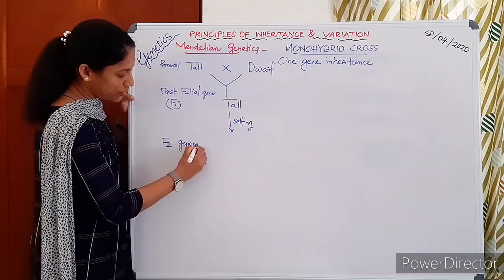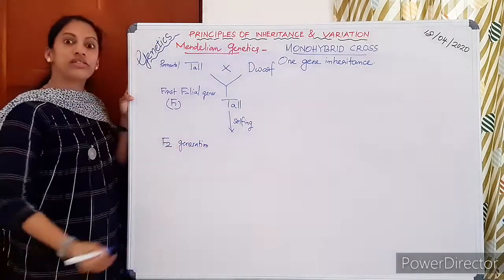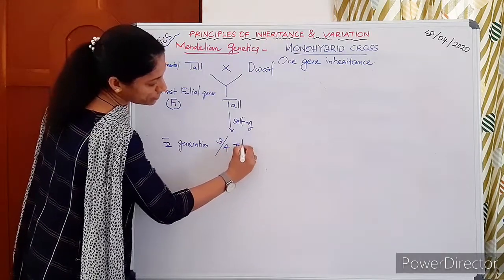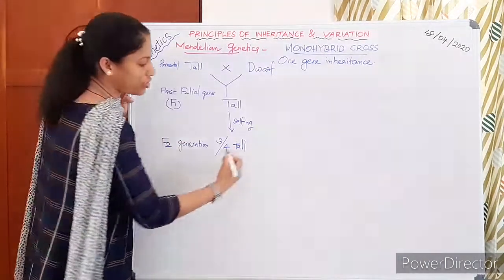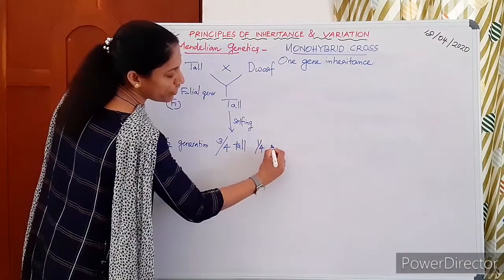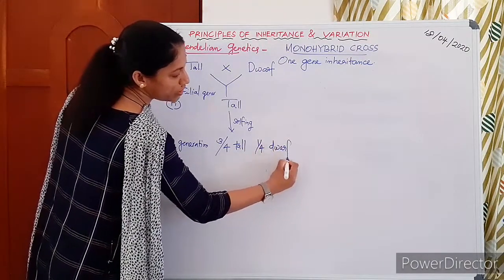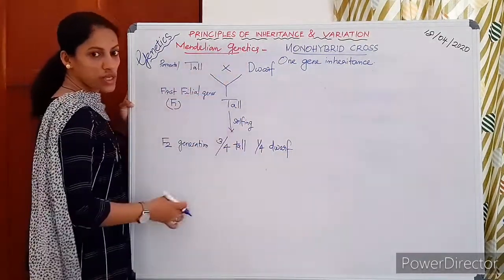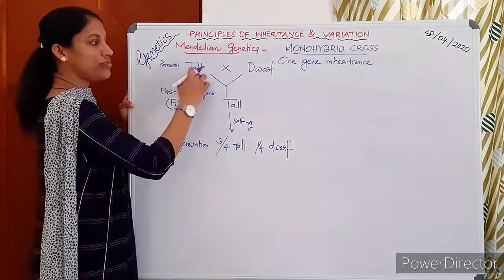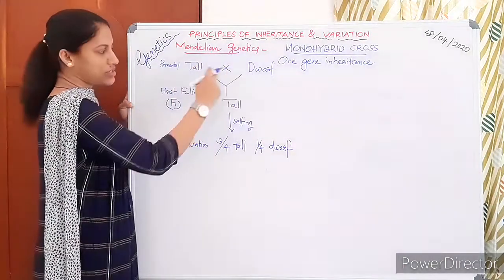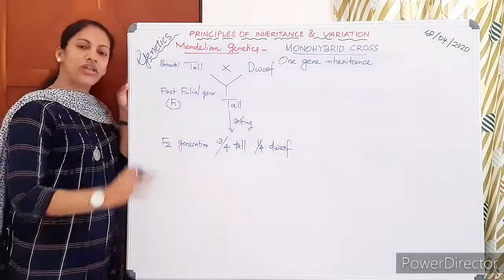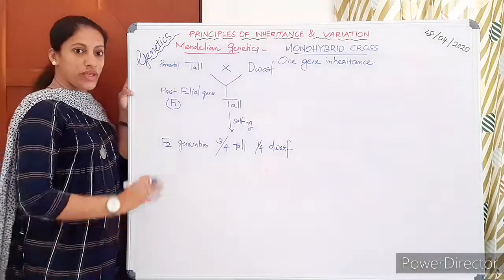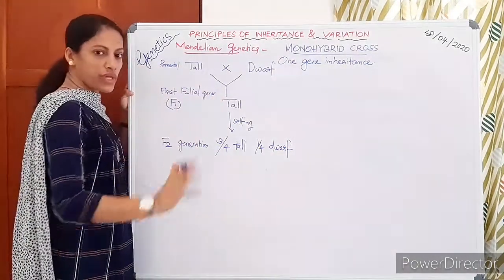Interestingly, he found that about 75% of the F2 generation were tall plants, whereas 25% were dwarf plants. That means in his monohybrid cross, when he crossed two plants of opposite traits, tall and dwarf, in the first generation all the progeny resembled one of the parents only, whereas the other parental character never appeared.